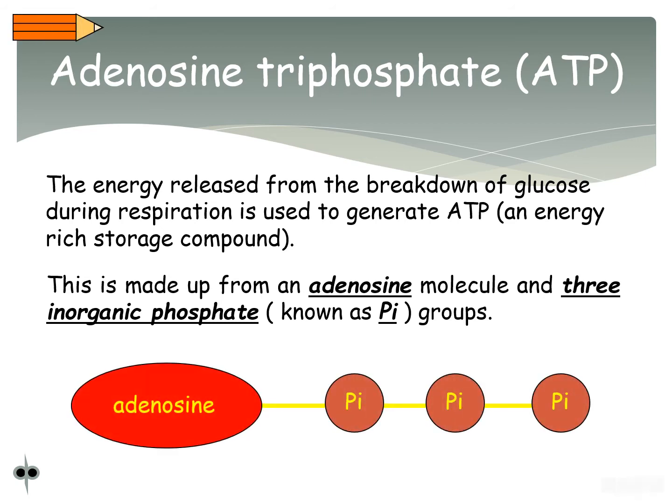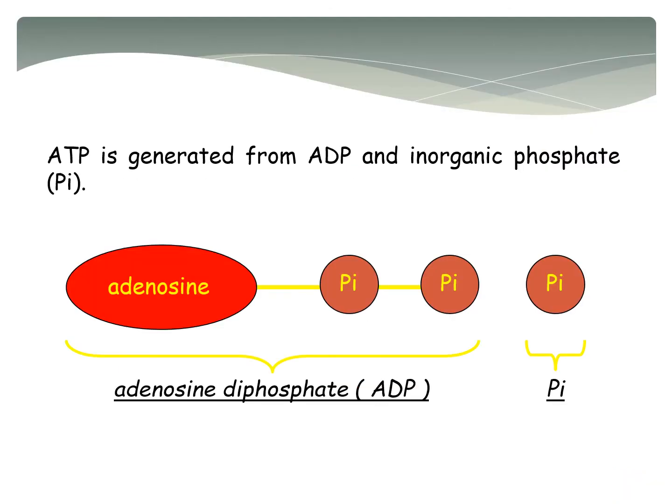So you've got your adenosine and you've got your free phosphate groups, and you want to write this down. So ATP is generated from ADP, which is adenosine diphosphate, di meaning two, and inorganic phosphate, so Pi. So your adenosine diphosphate and Pi come together to give you your adenosine triphosphate.